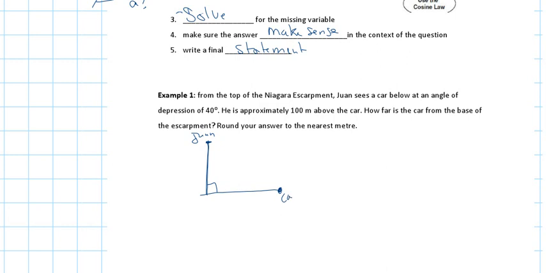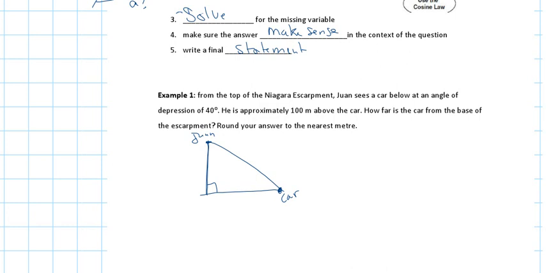And then if one's looking down, the angle of depression is 40 degrees. What did we say an angle of depression is a measure from? Look back at the first lesson. When I introduced angle of depression, what did we say we measure it from? From the horizontal line. Remember that?